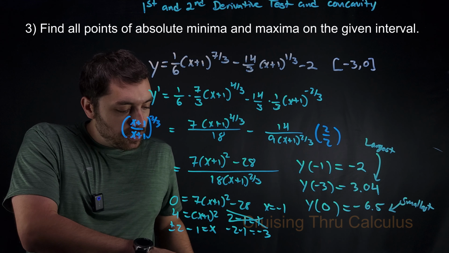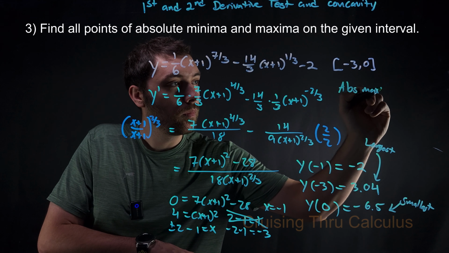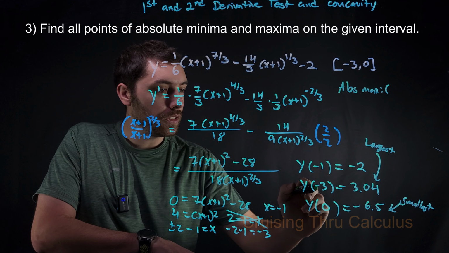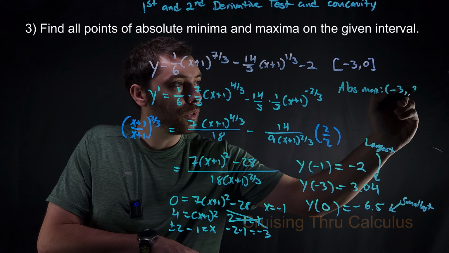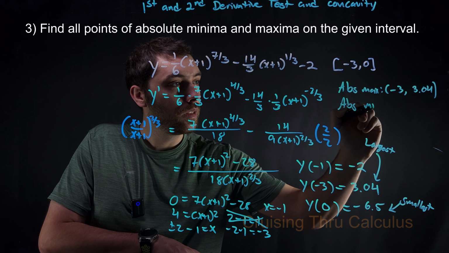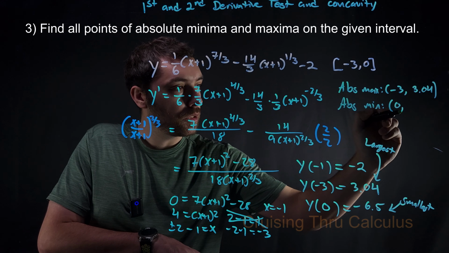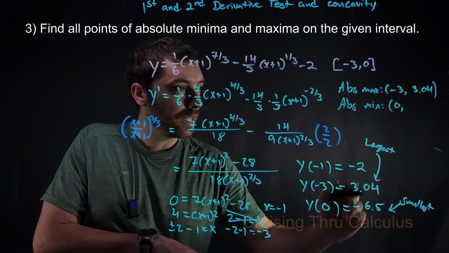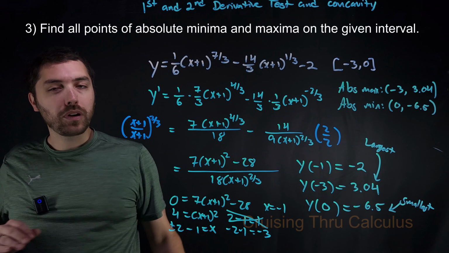We know that the absolute maximum occurs when x is equal to negative 3, and we know what that number is because we already plugged it back into our original function. Similarly, our absolute minimum happens when x is equal to 0, and since we already plugged that back in, we got negative 6.5. And so those are our answers.